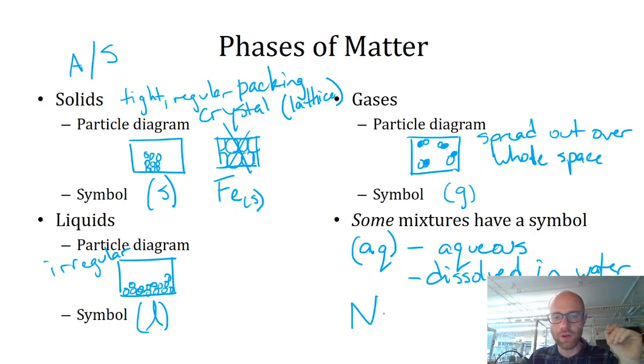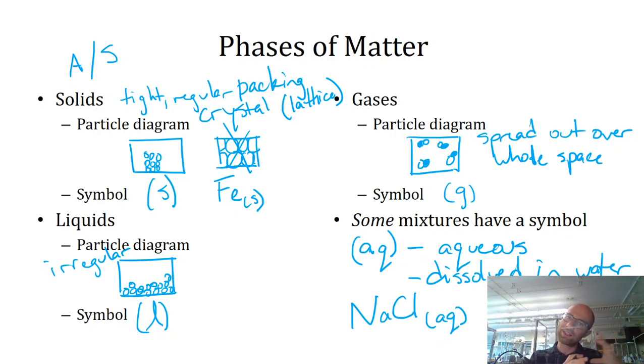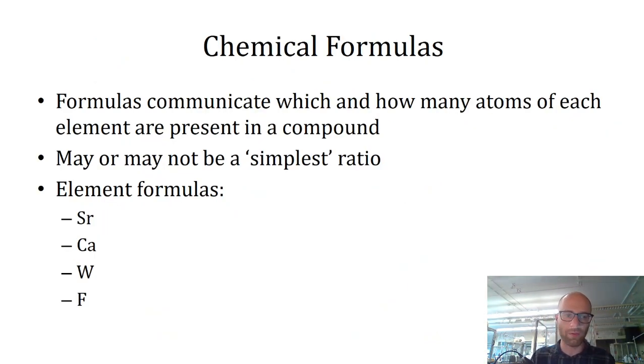So the nomenclature there would be to say something like sodium chloride, aqueous, with a little (aq) in parentheses as a subscript, and this would be an indicator to you that there is water present. In fact, that is a way to show a mixture that is a little different than the way to show a mixture that we saw before.